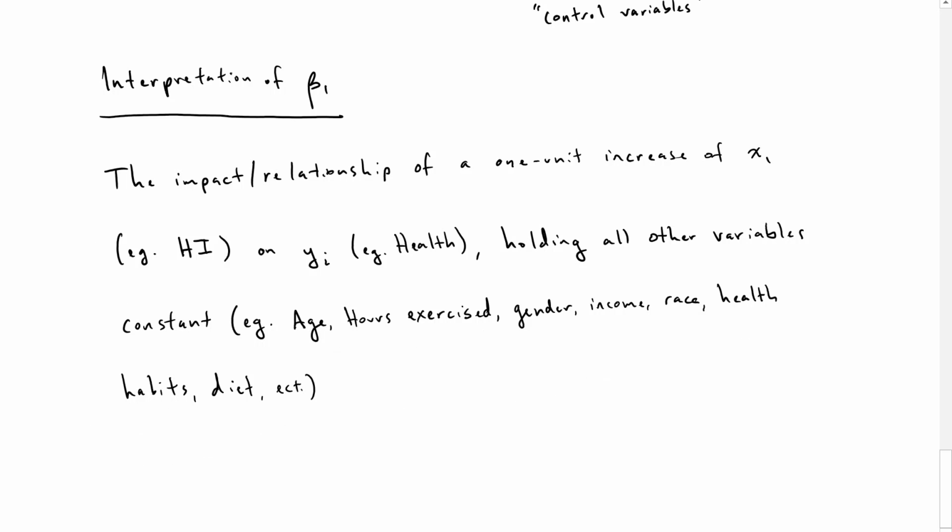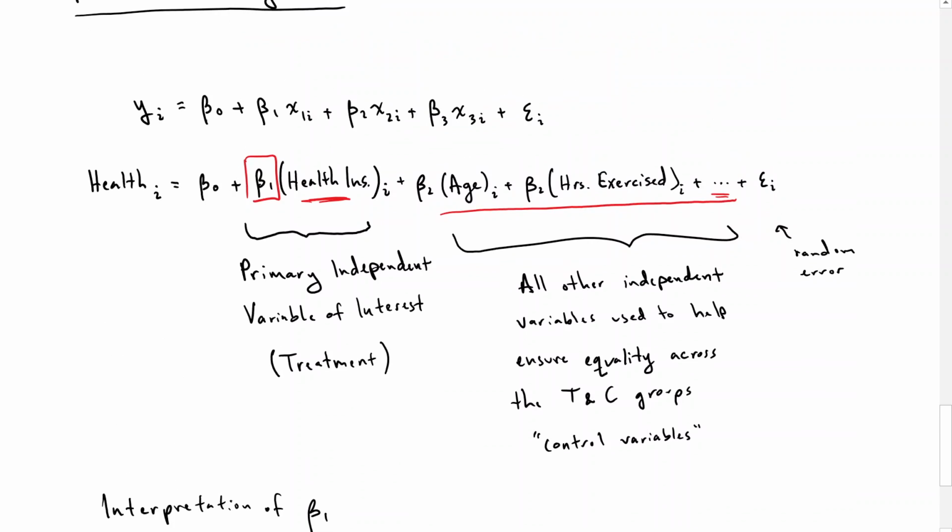If we control for enough other effects, this beta 1 is only the effect of health insurance on health. If we don't include some of the other variables that we need to, beta 1 picks up some of the effects of other variables when it shouldn't.